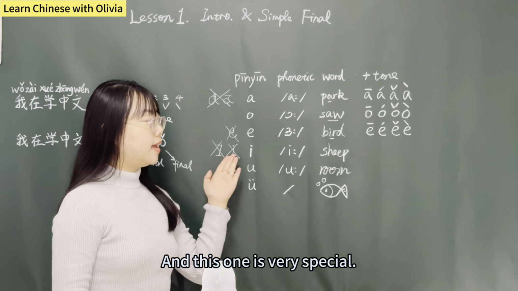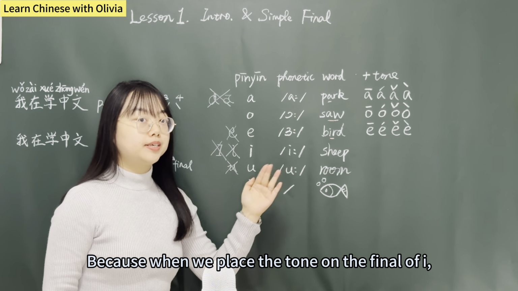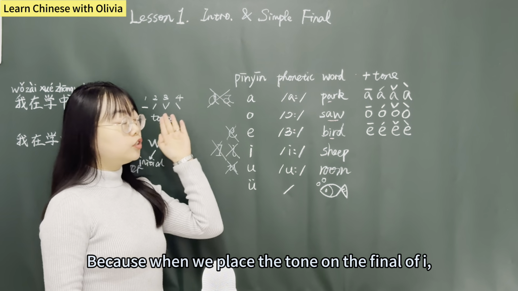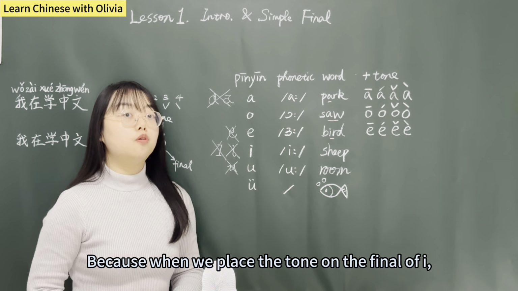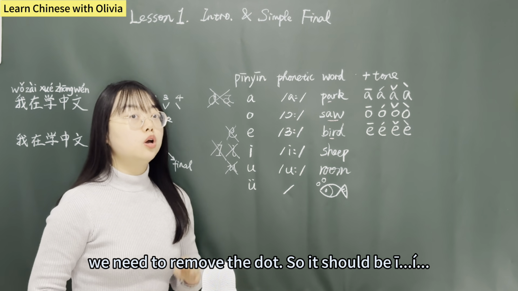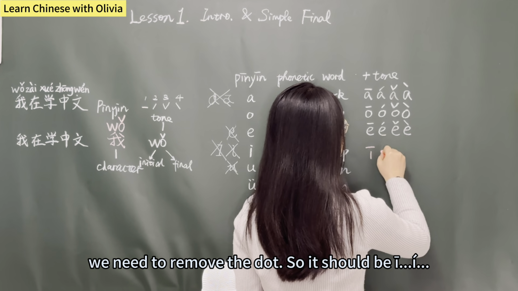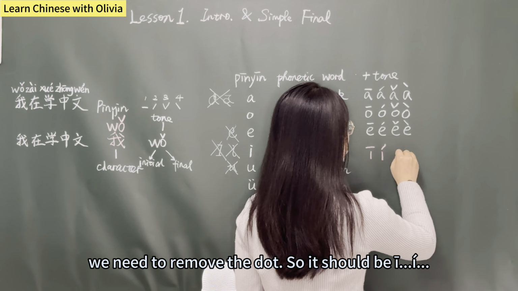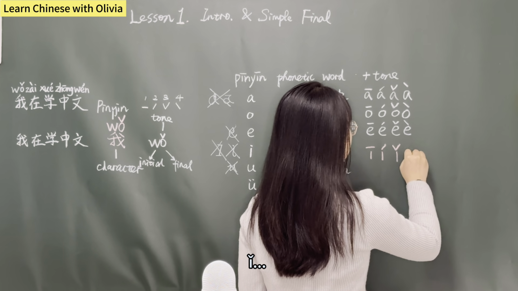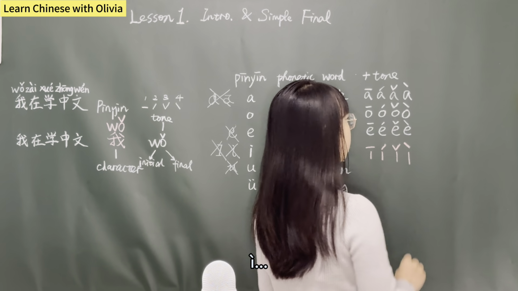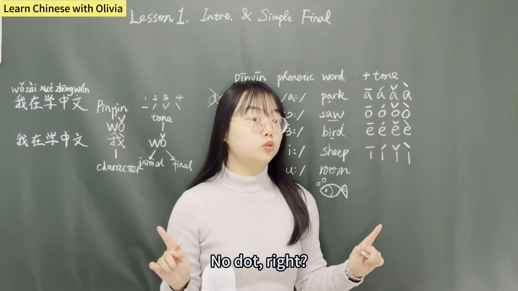And this one is very special because when we place the tone on the final E, we need to remove the dot. So it should be é. No dots, right?